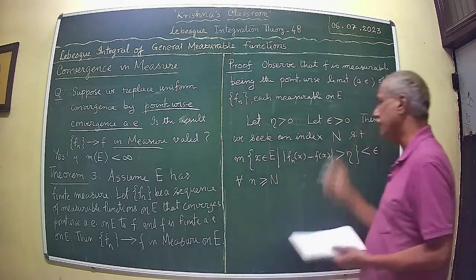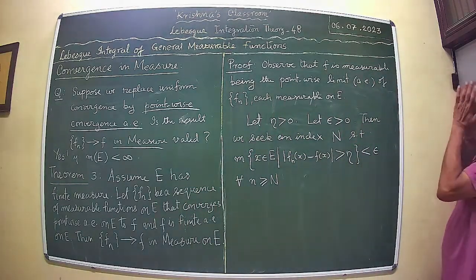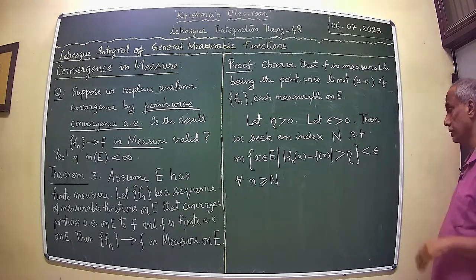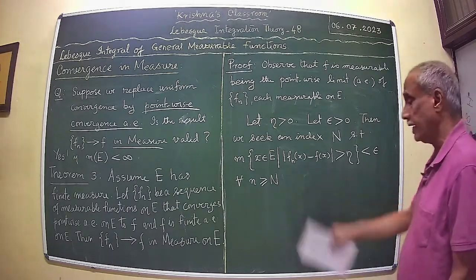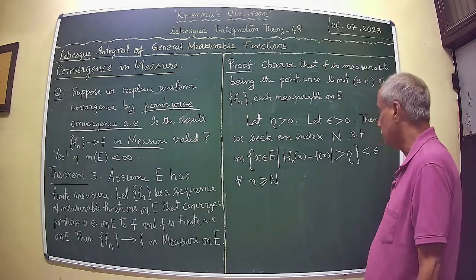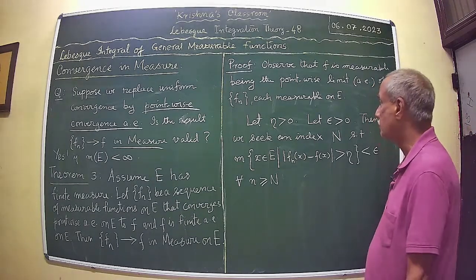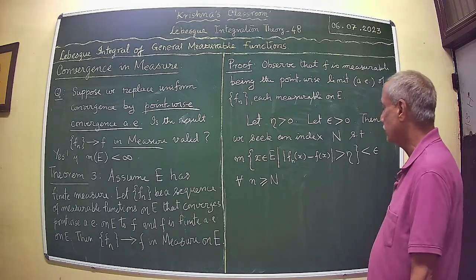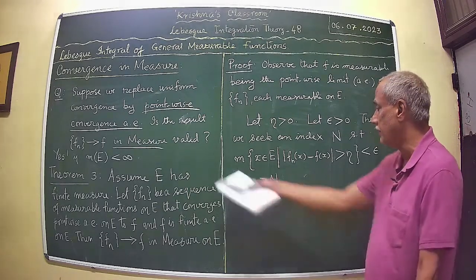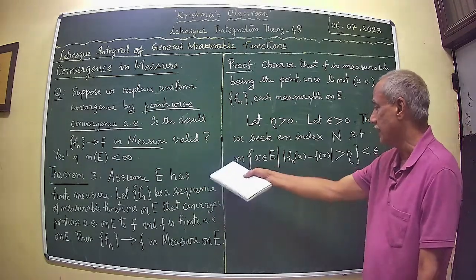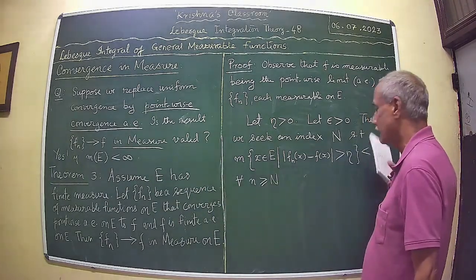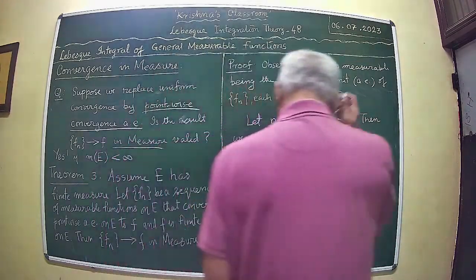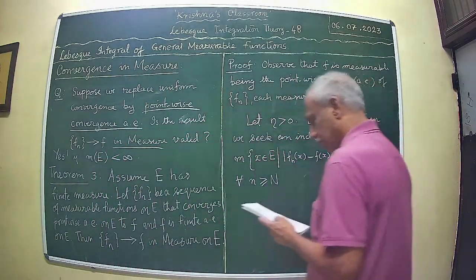If you can prove this, then you would have concluded that the limit as n tends to infinity of this measure is equal to 0. Now we apply Egoroff's theorem.